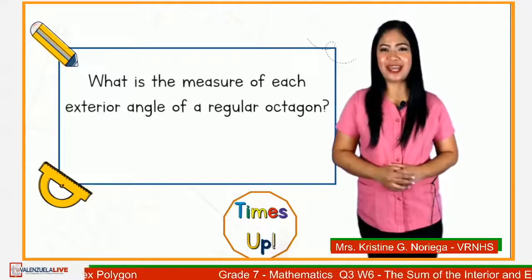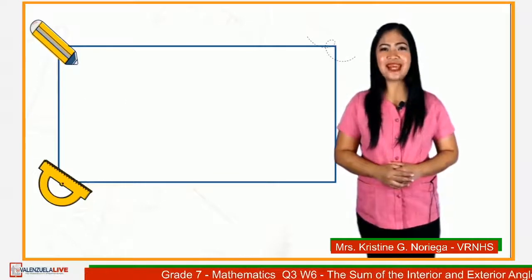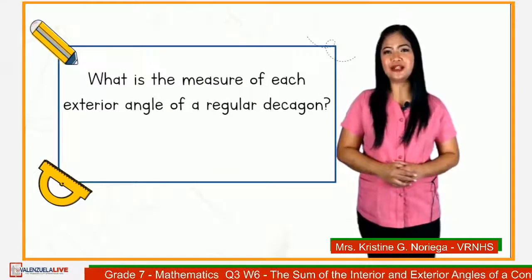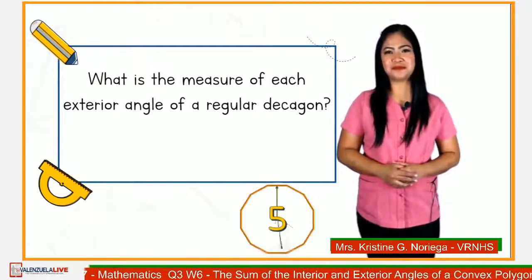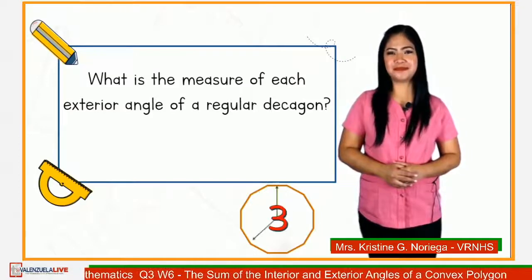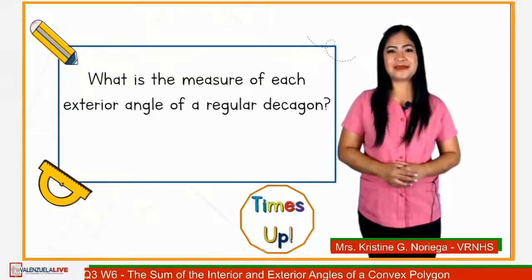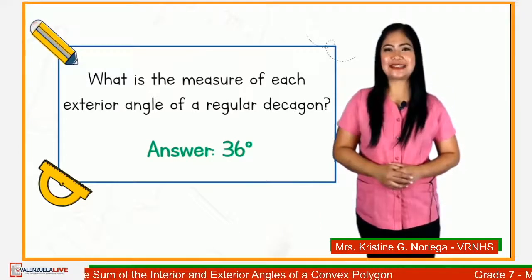The answer is 45 degrees. Next, what is the measure of each exterior angle of a regular decagon? Time's up. The answer is 36 degrees.